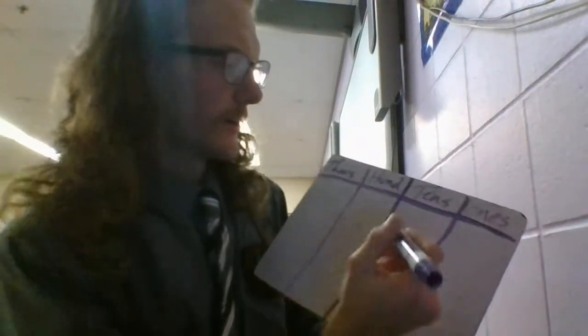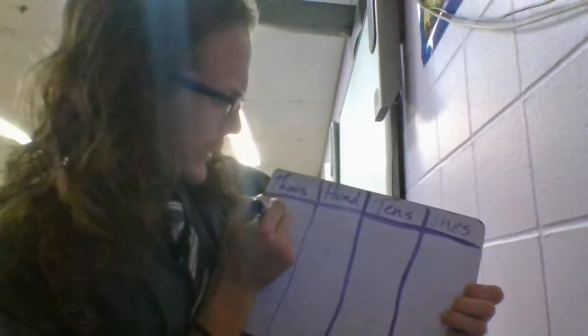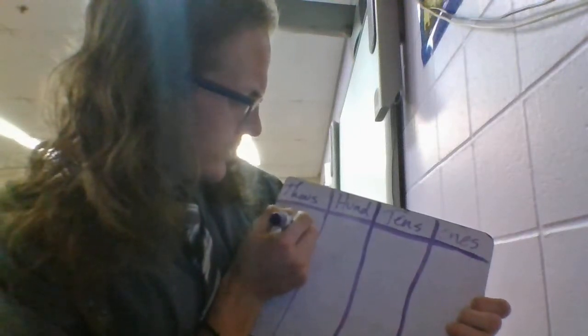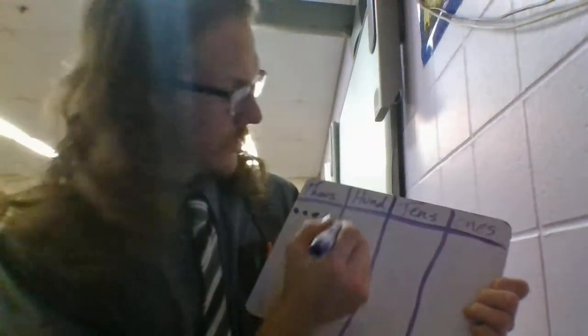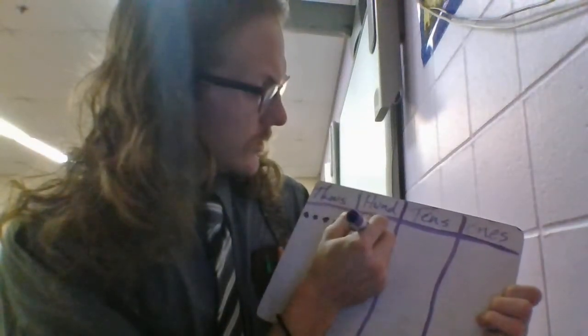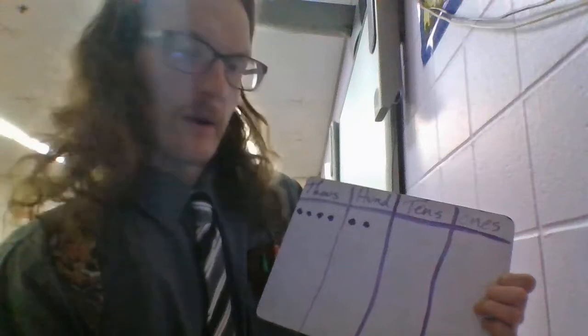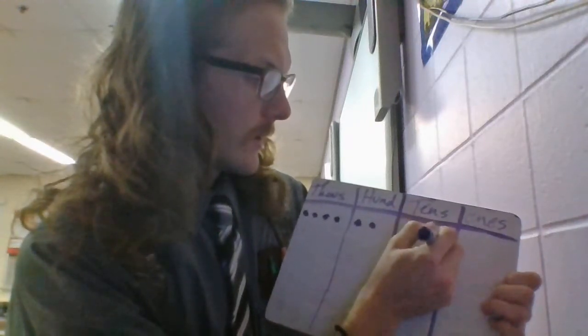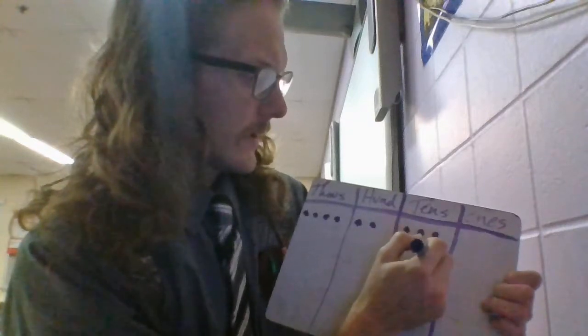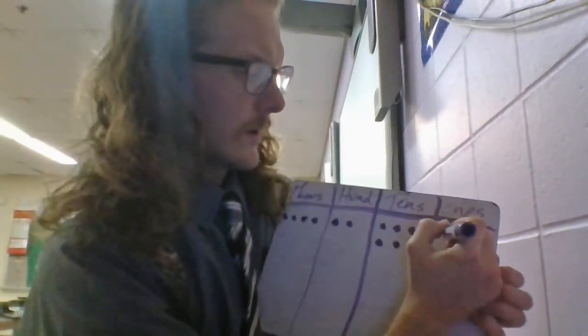Now we're going to make 4,259 in dots on here. So we have 4,000, 1, 2, 3, 4. 200, 59.